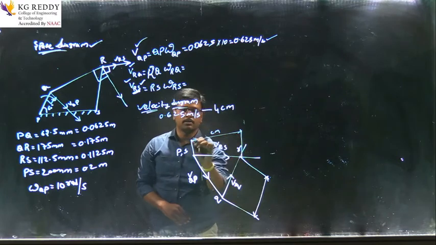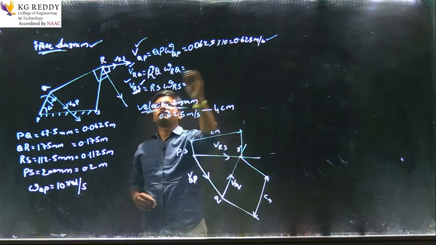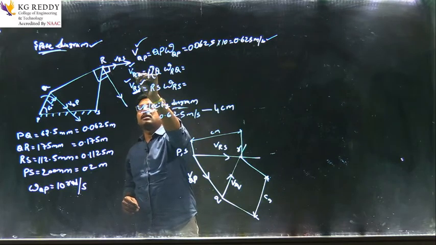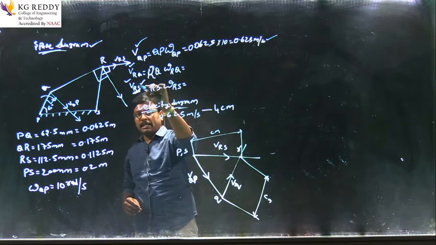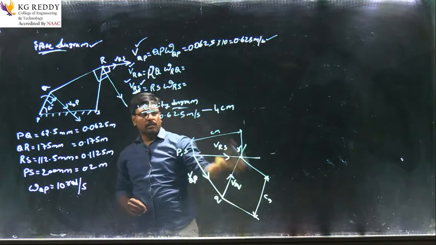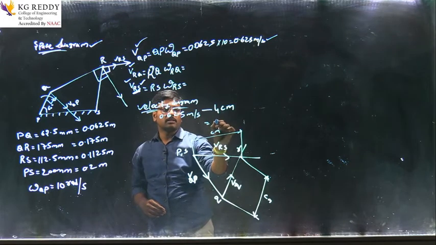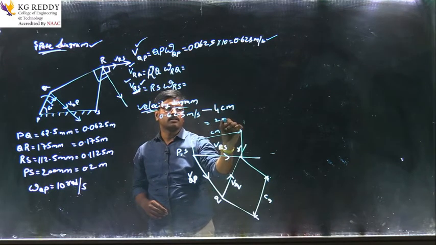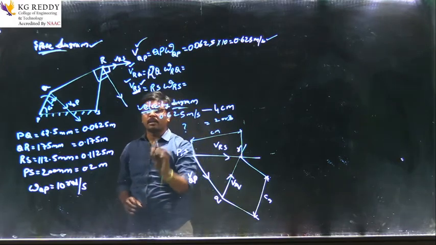So we can substitute directly here the velocity of R with respect to Q and the velocity of R with respect to S. We can convert this from centimeters, it may be 2 centimeters or 3 centimeters, into meter per second. We will get the values here.